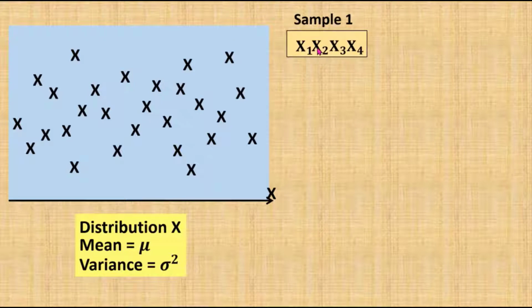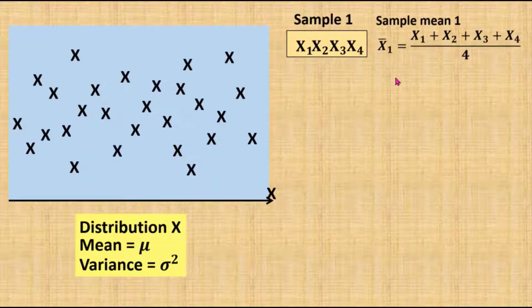Now I have chosen one sample with sample size 4 and I name it sample 1. For this sample, I'm going to calculate the mean, where I sum up all the 4 observations and divide by 4 because the sample size is 4.